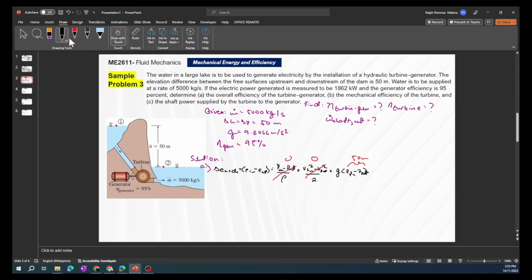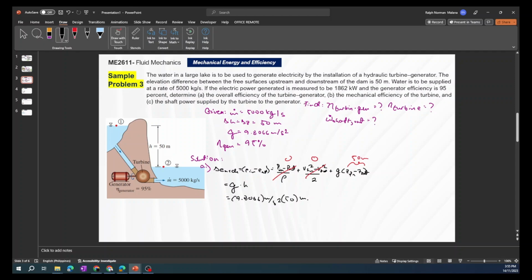So knowing the change in total mechanical energy, we now have g times 50 meters, times h in this case, or you can put Z. So here we have 9.8066 meters per second squared times 50 meters, and we're going to convert this into the unit of mechanical energy, which is on a per unit mass basis.